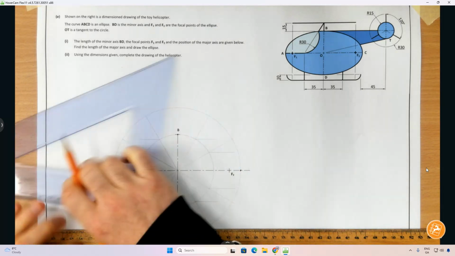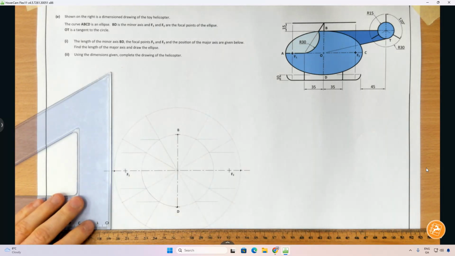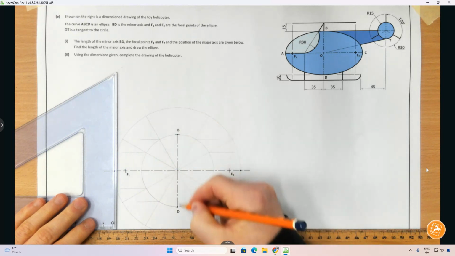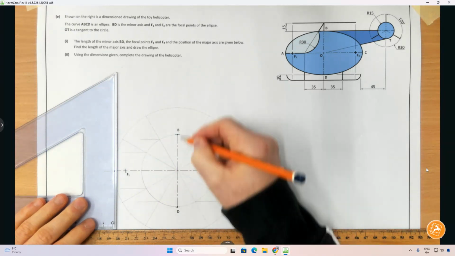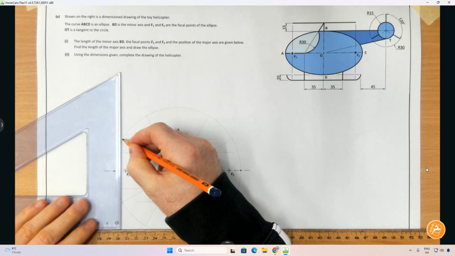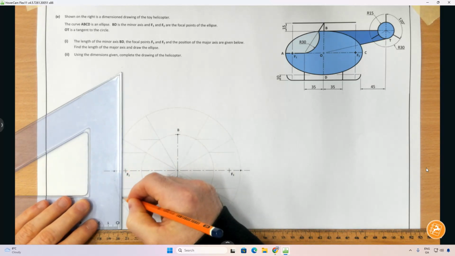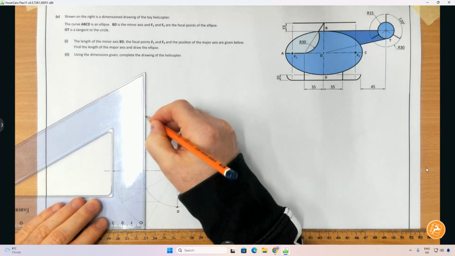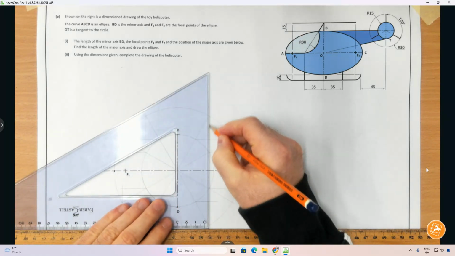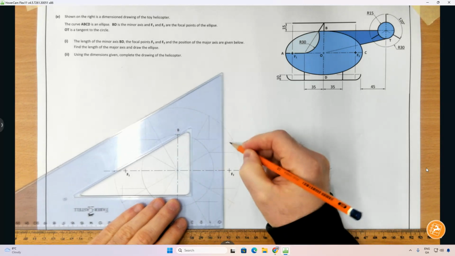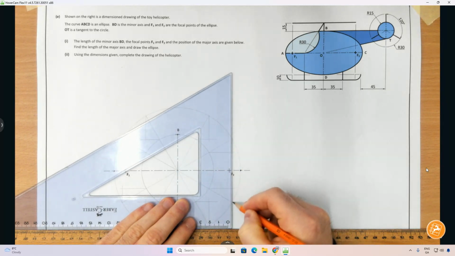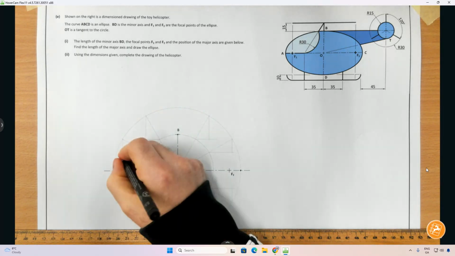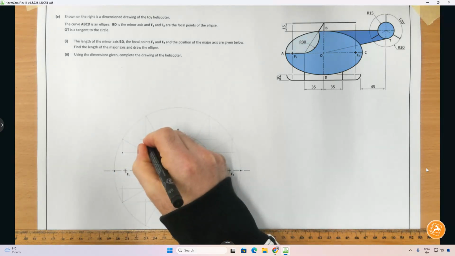And now, anywhere any of those division lines cut the major circle, I'm going to go parallel to the minor axis, which means I'm either going up or down vertically. So down, up, and on the bottom here, up, down, likewise here, and here. Okay, and there I have it. I've got all my points in the elliptical curve.